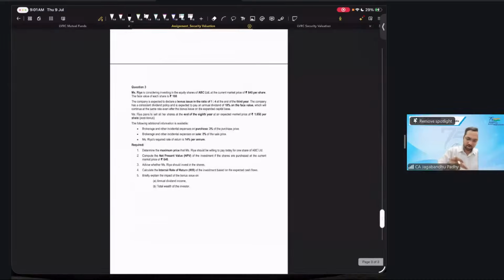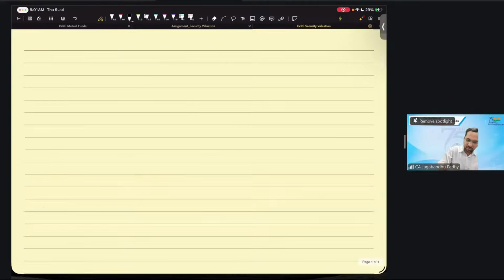But initially we would like to first discuss that there are two aspects to this. One is the bond market, and another is the equity market or equity shares. So bond valuation and equity valuation. Initially, I'll take up the bond valuation part, and then we will go for the equity valuation concepts.